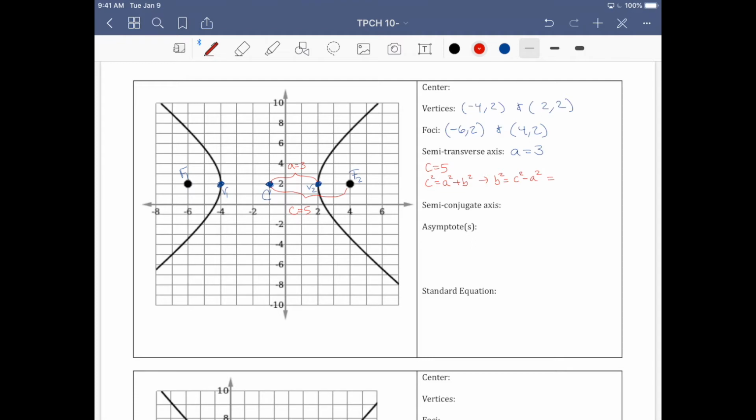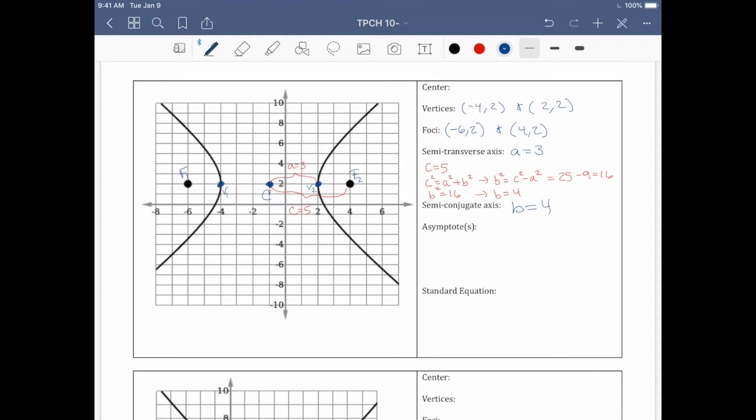I know that c is 5, so c squared is 25, and a is 3, so a squared is 9. That means b squared equals 16, therefore b equals 4. I'm going to copy that over. So I had to calculate the b value.